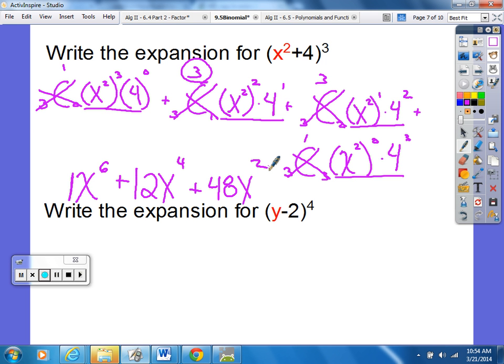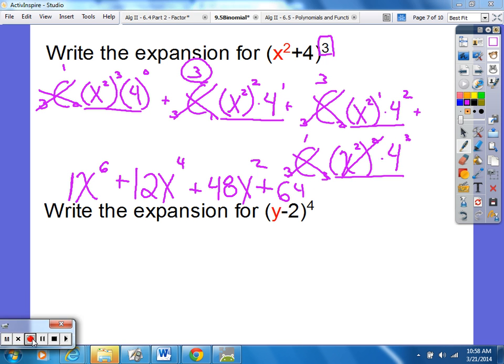It's going to go away because it's to the 0 power, right? So it's what? So plus 64. And that's the answer. 2 times 1 is 2. Okay?